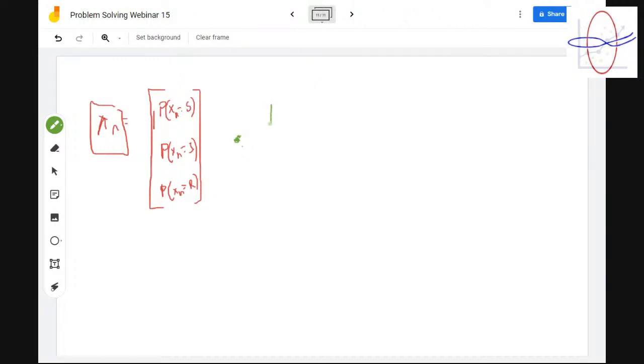Remember we said that the probability xn is equal to S given xn minus 1 is equal to I, plus the probability xn is equal to I given xn minus 1 is equal to R, sorry, S, sorry, what am I writing?